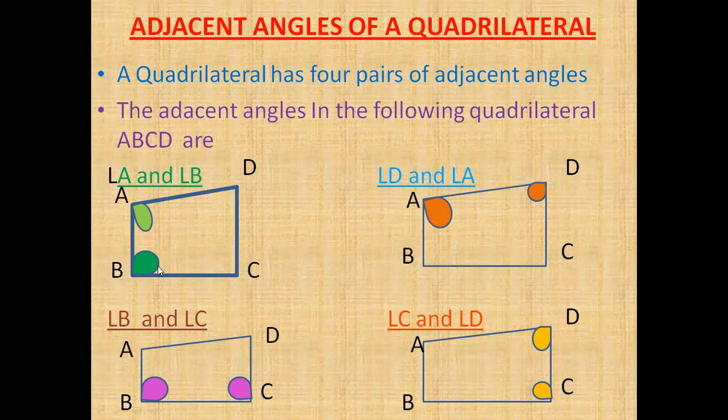So angle A and angle B, which are next to each other and also have one side in common, are called adjacent angles. Similarly, in the second figure, angle B and angle C are adjacent angles. In the third figure, angle A and angle D are adjacent. In the fourth figure, angle D and angle C are adjacent. So a quadrilateral has four pairs of adjacent angles.